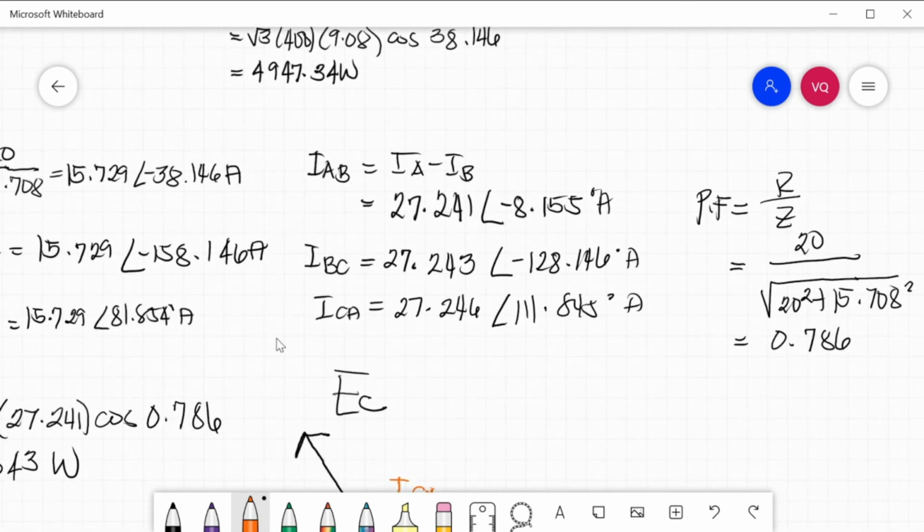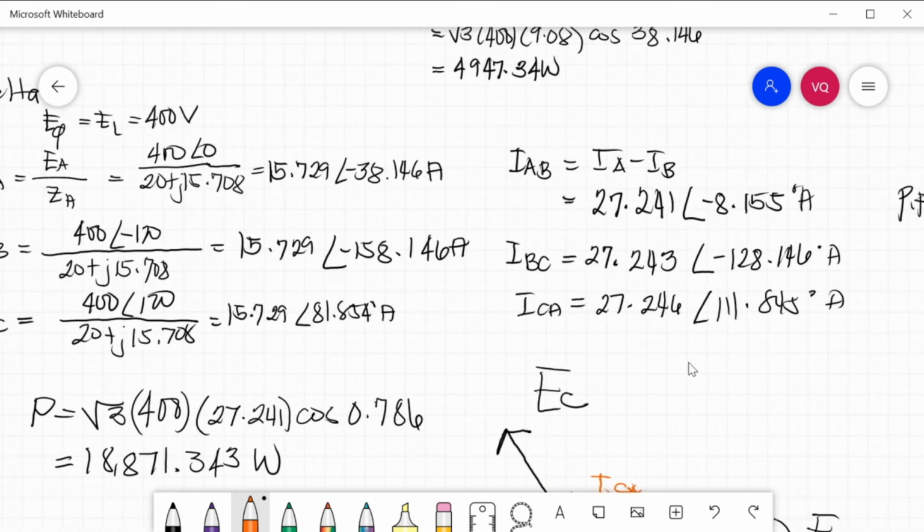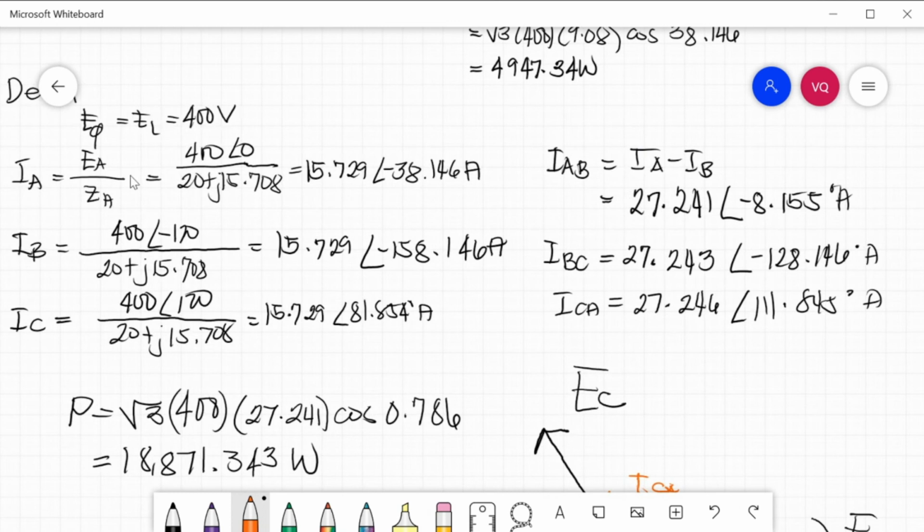For the line currents, we have IAB equal to IA minus IB. Substitute the value of IA minus the value of IB, and you will get 27.241 angle negative 8.155 degrees amperes.